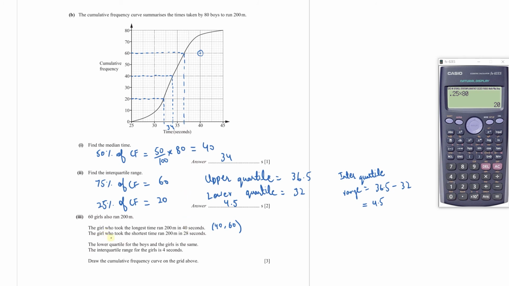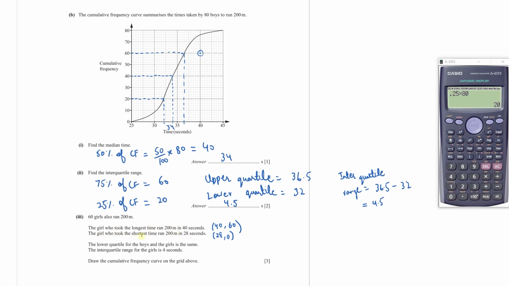The next point is the girl who took the shortest time ran 200 meters in 28 seconds. So that means the shortest time is 28 seconds. So on the x-axis you have 28, and on the y-axis you will have 0, because there is no girl who ran less than 28 seconds. So at 28 your cumulative frequency is 0. After that your cumulative frequency curve will start to go up.